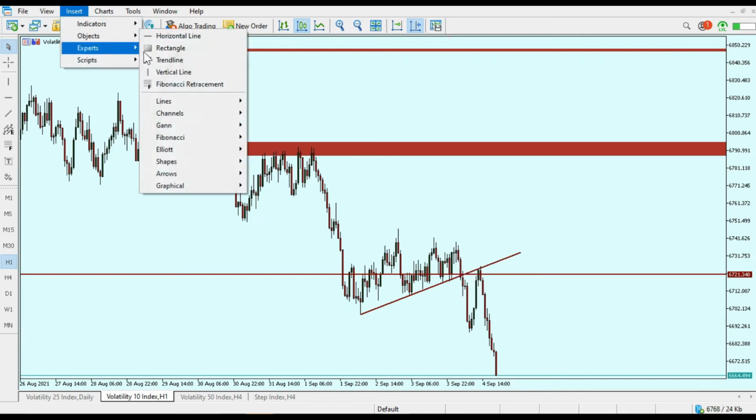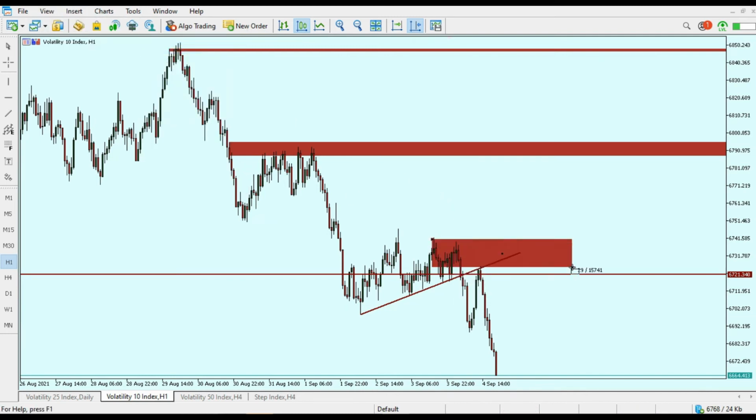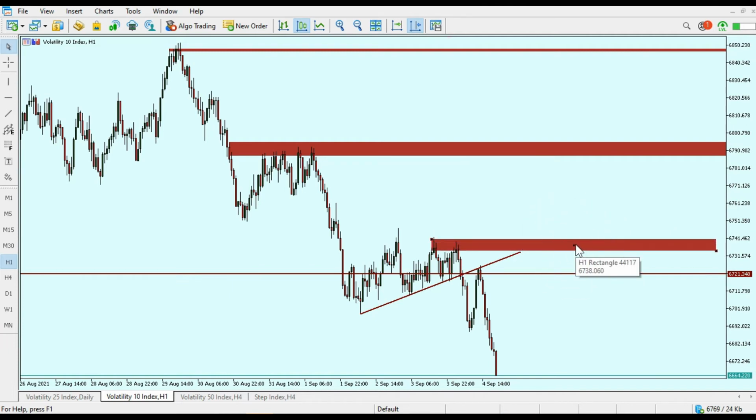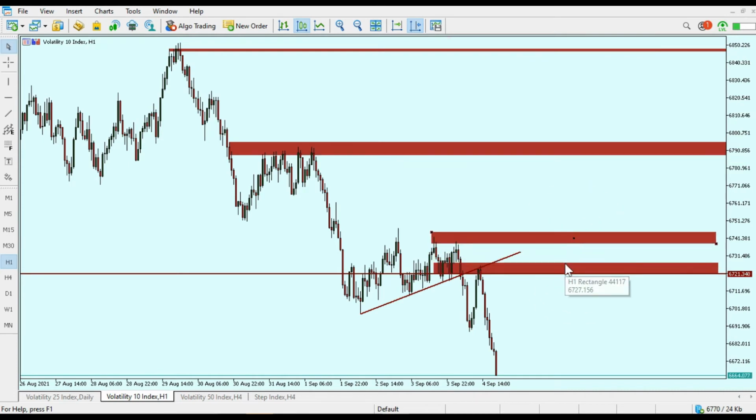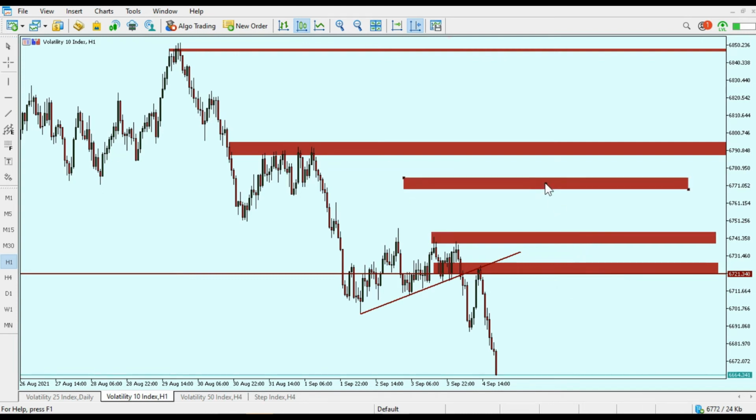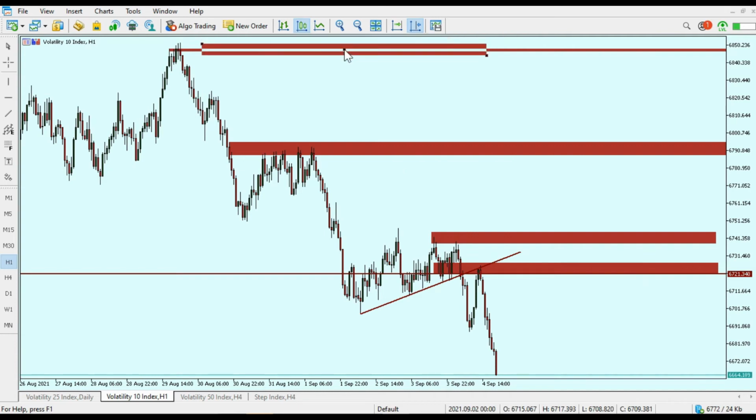So around here, this particular support zone, this particular resistance zone, this one here also, this particular resistance zone, and we have this resistance zone also.